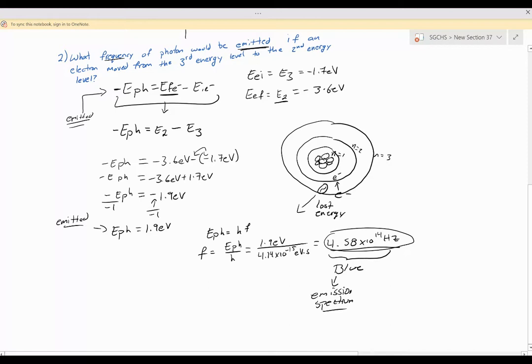Furthermore, you could technically calculate the wavelength of this photon that's being emitted by simply using our relationship of c equaling the frequency times the wavelength. And c in this case is 3 times 10 to the 8 meters per second. So just recognize you could find the wavelength.